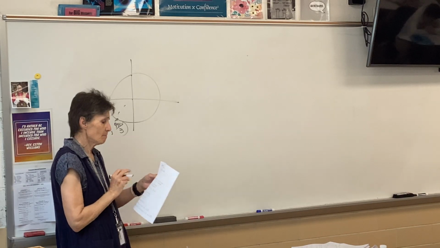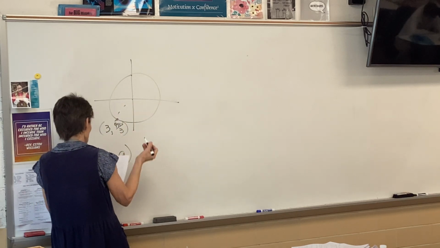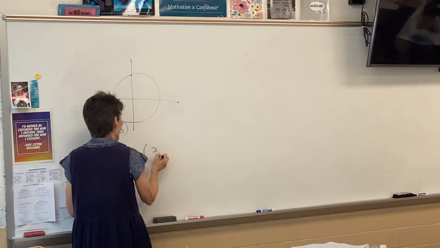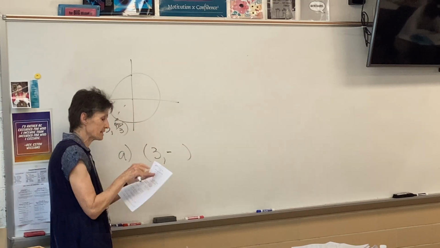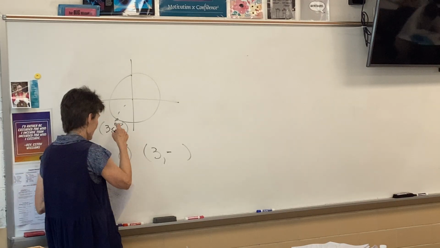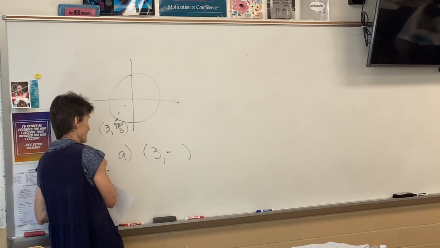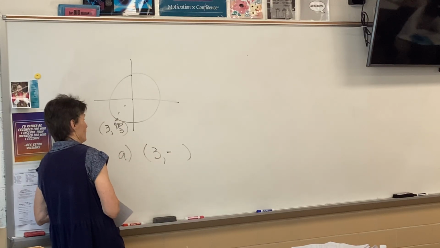Can you name some other points? The first option has to have a positive R and a negative theta. It says in the directions. So what would be another name for that point with a positive R and a negative angle?